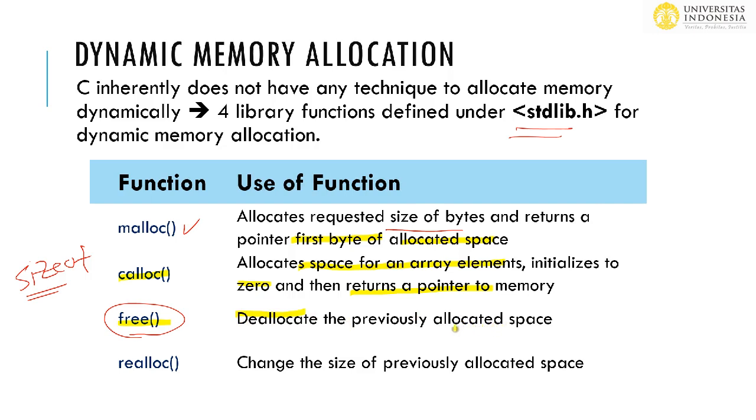If you need very large data, it is quite useful, when you see data that is no longer used and no longer related to what you want to process later on, to just free the allocation. And the fourth one is realloc, which means you can change the size of previously allocated space. This is quite a dynamic function actually.